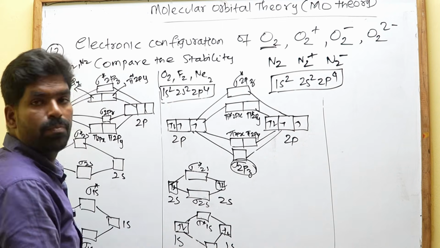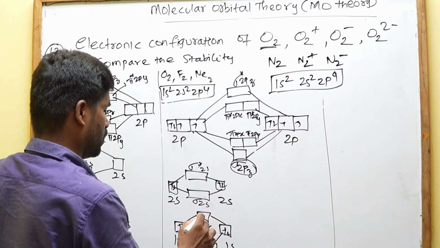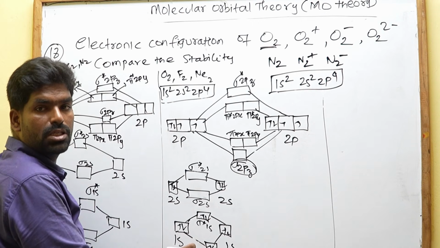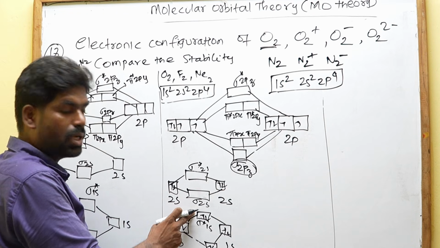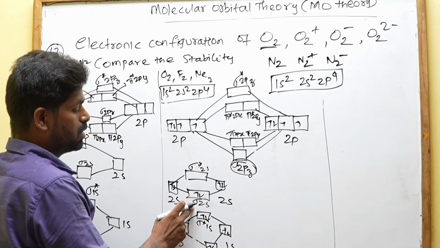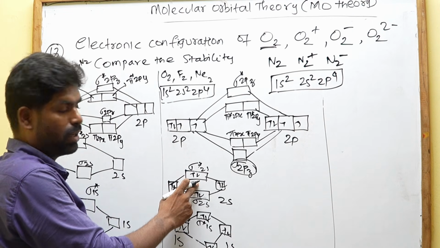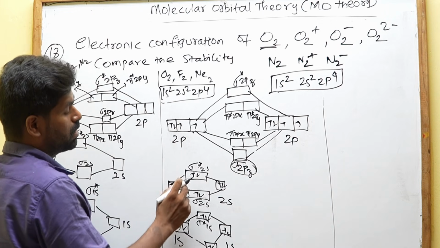Now fill the molecular orbitals, bonding as well as anti-bonding. Of the 4 electrons, 2 electrons occupy sigma 1s and another 2 occupy sigma star 1s, the anti-bonding molecular orbital. Similarly 2 electrons occupy sigma 2s and 2 electrons occupy the anti-bonding level, sigma star 2s.